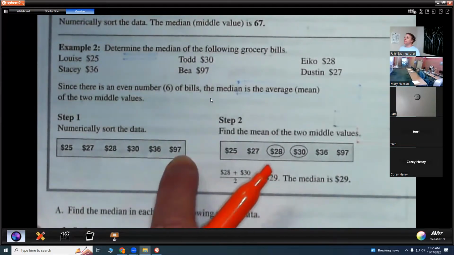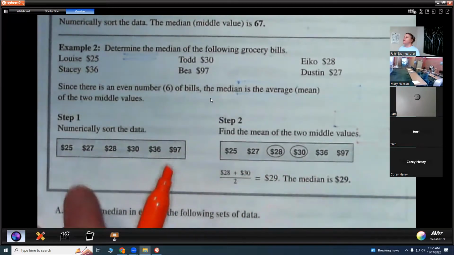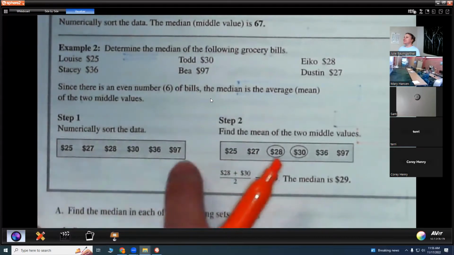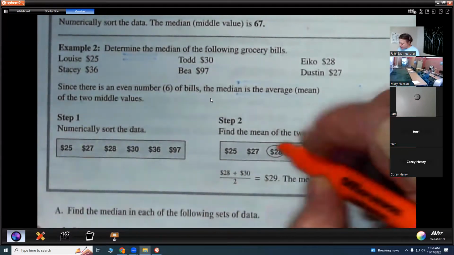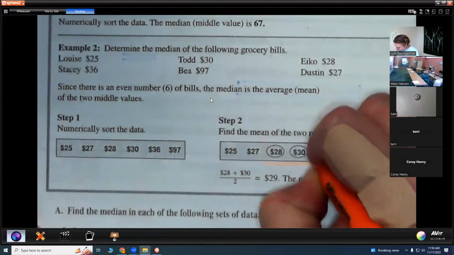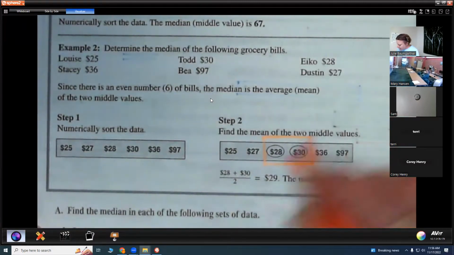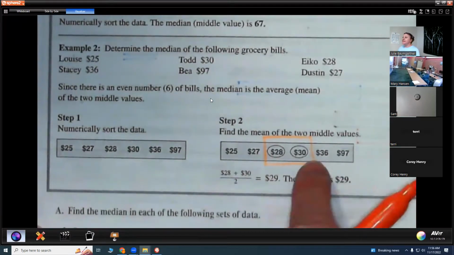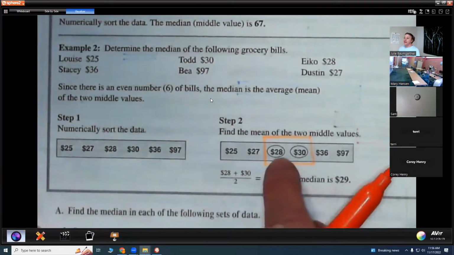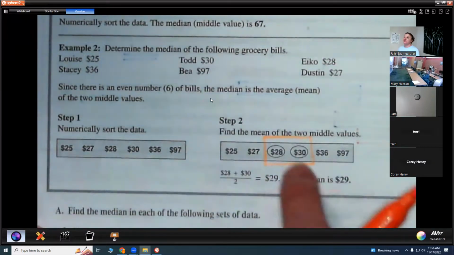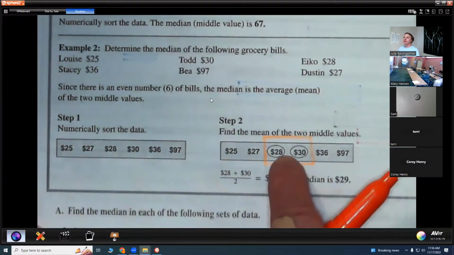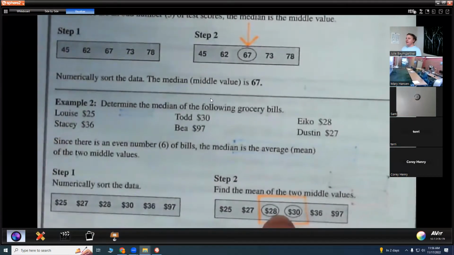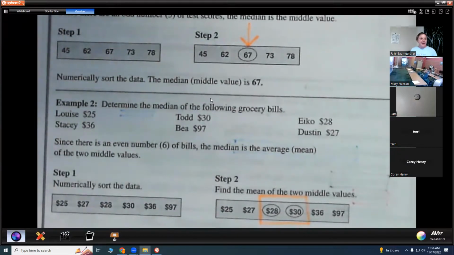We sort it numerically from smallest to largest, and then we find our two middle values and calculate the mean. For this data, our median is 29, which is not one of our data values, but it is the exact middle of our data. Does that make sense? So that's kind of the kicker with median.